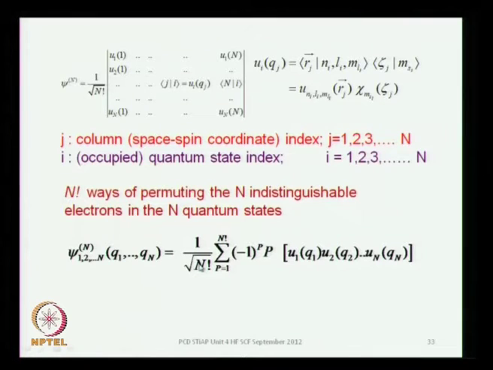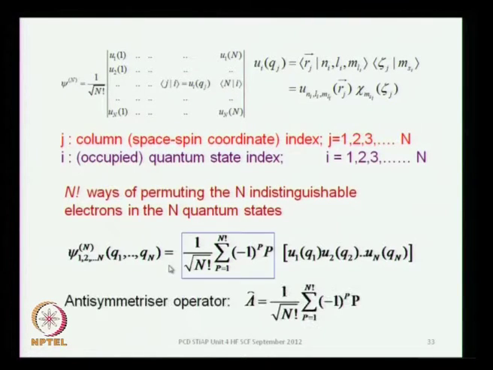You can easily see this for a 2 electron system, extend it for a 3 electron system, or if you do not want to try it out over here, you will do it in the exam. So, this is the n electron wave function. This operator which generates an antisymmetric wave function is called an antisymmetrizer, because that is precisely what it does, it describes the operator very well.